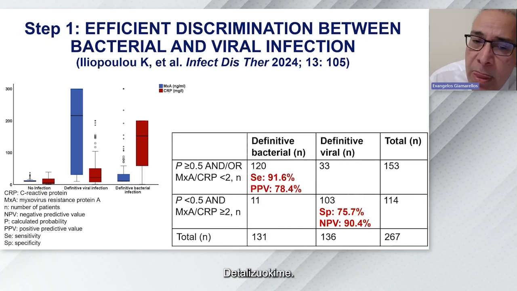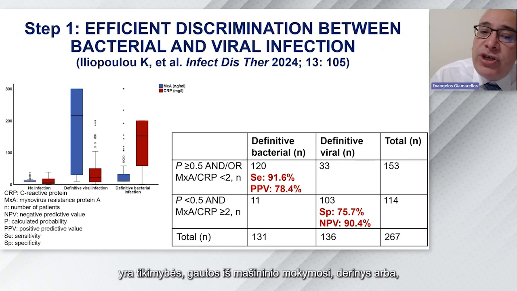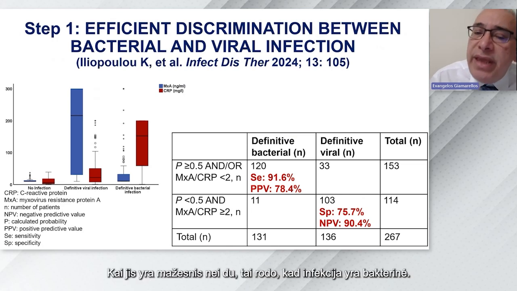And now we elaborate a cutoff, which is a combination of a probability coming from machine learning, or in case you don't have that possibility, the ratio of MxA to CRP.